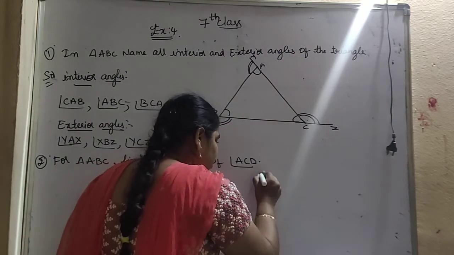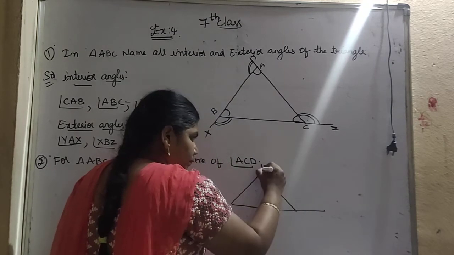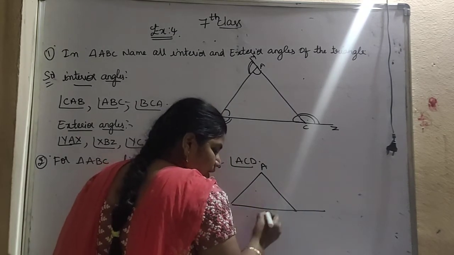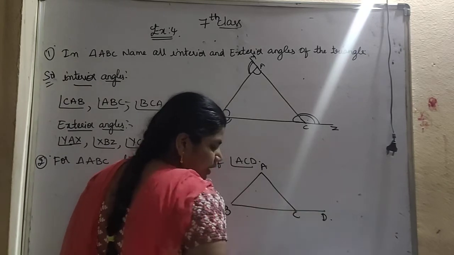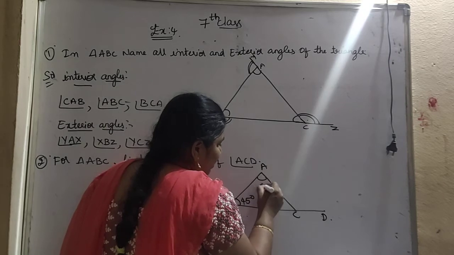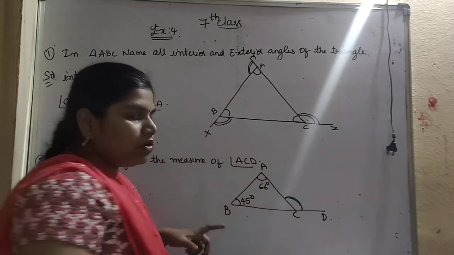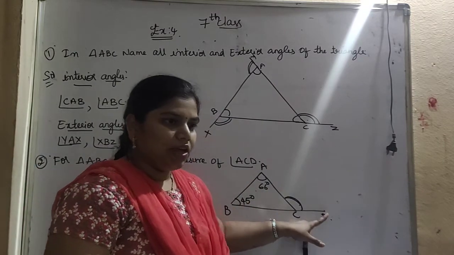So what is the figure? It is a triangle A, B, C, D. Here they have given 45, here given as 66. We have to find this angle. Okay, so angle ACD we have to find.